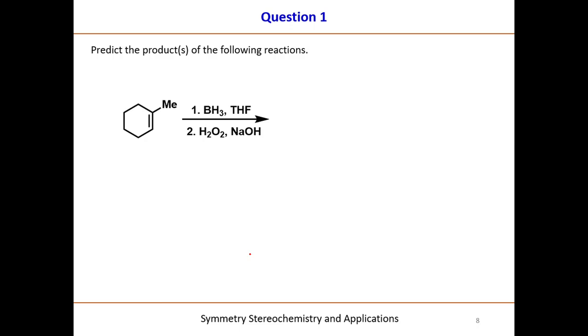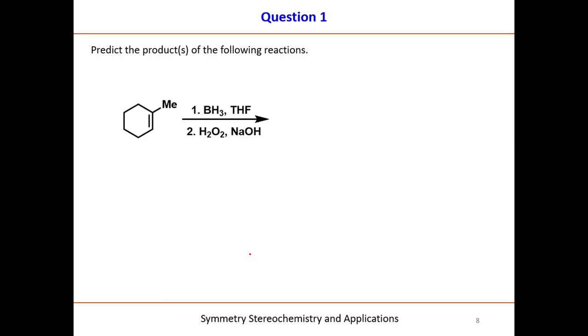THF is dried by sodium metal. So in the lab, people put sodium into the flask of THF, and the solution turns blue, which indicates that there is no moisture present in the THF. So it's dried very carefully in the lab.